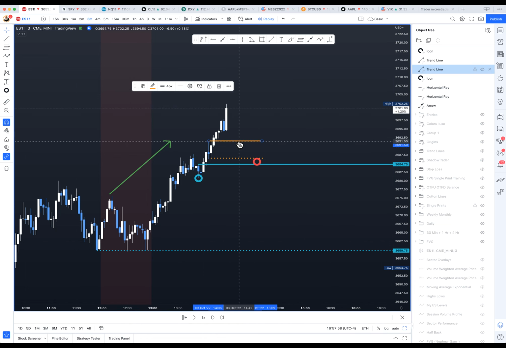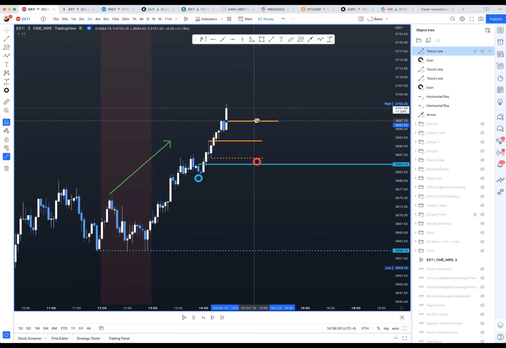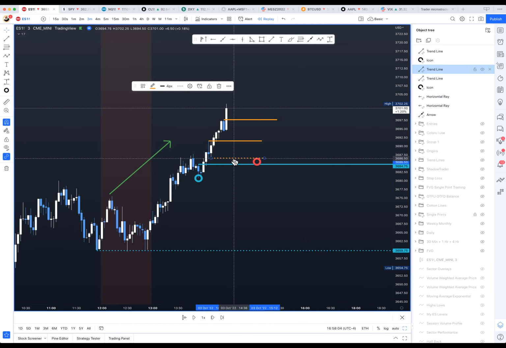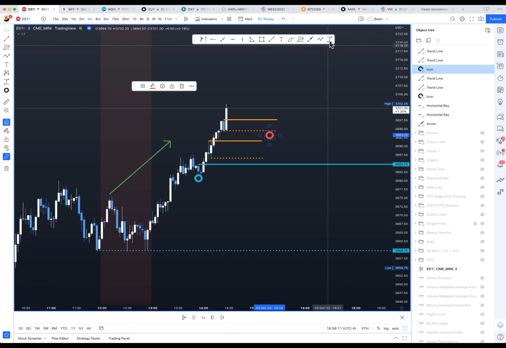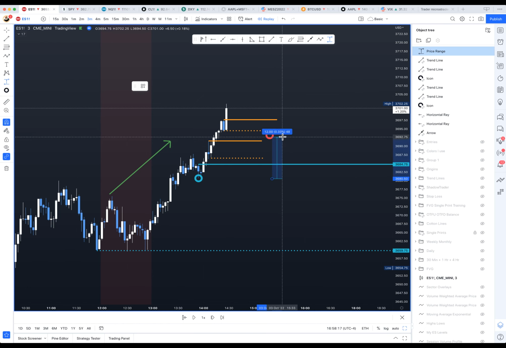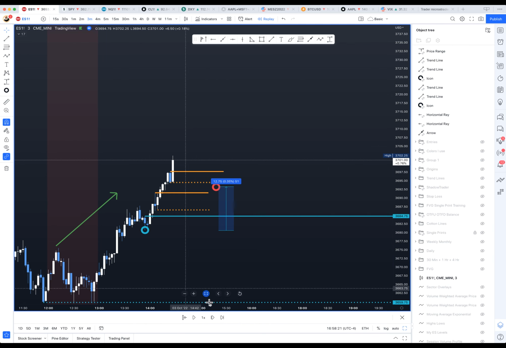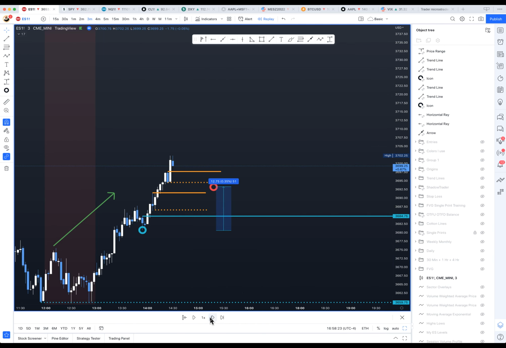Well, now, at this very moment, I have this. And I have this where price can potentially bounce. So now my stop's going to be here. And I'm looking at locking in 12 points there. See what happens.